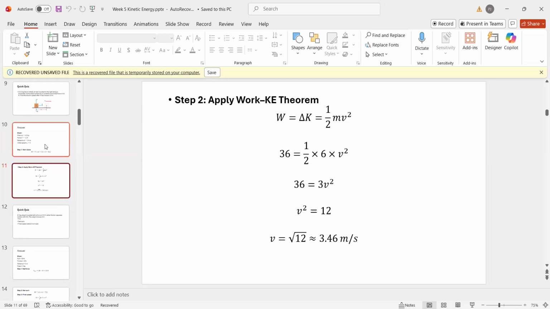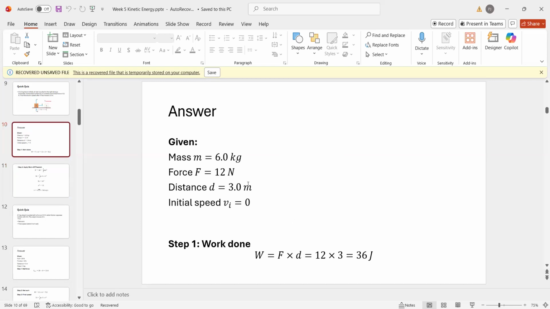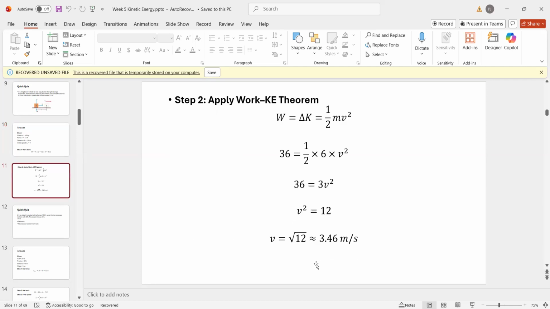So first, you have been given mass, force, and distance. So now the work done should be force times the distance traveled. And the work done we know to be the change in kinetic energy, and kinetic energy is half m v squared.